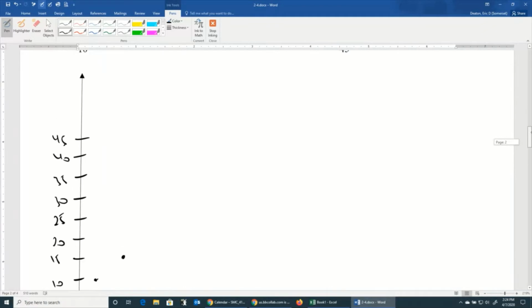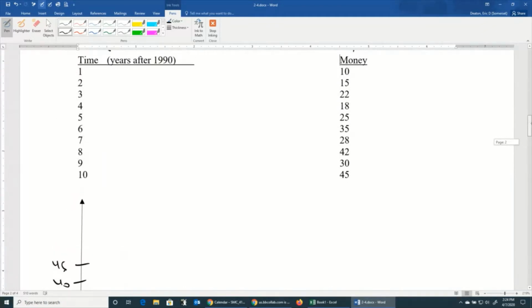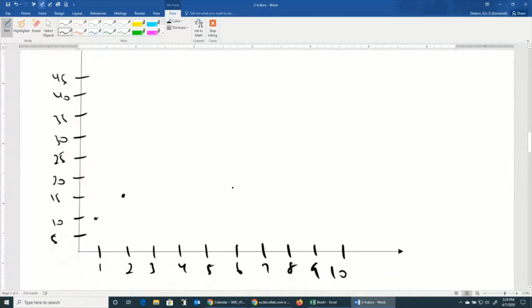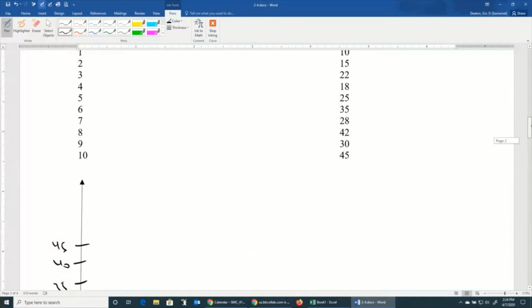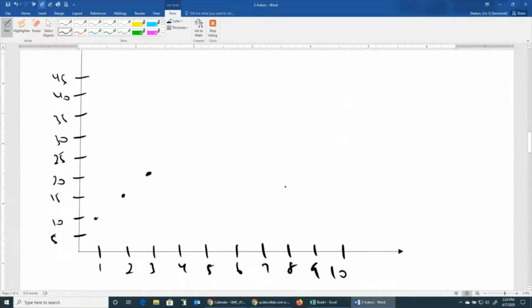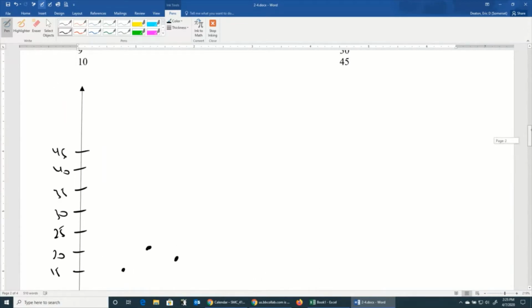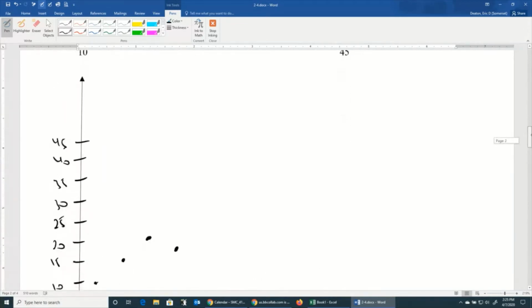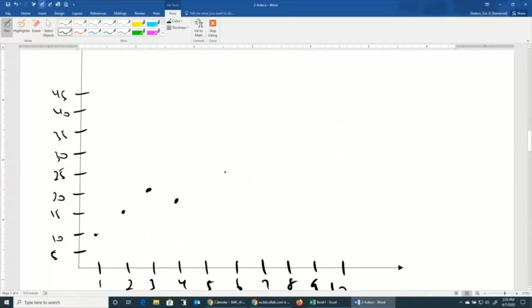Hopefully it won't move anymore. 3 goes to 22, so it's about right there. 4 looks like it's at 18. These are just approximations. 5 is 25. Like I said, if I had graph paper, it would be a whole lot better.